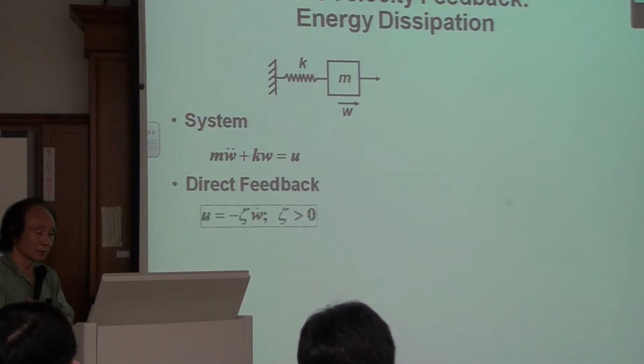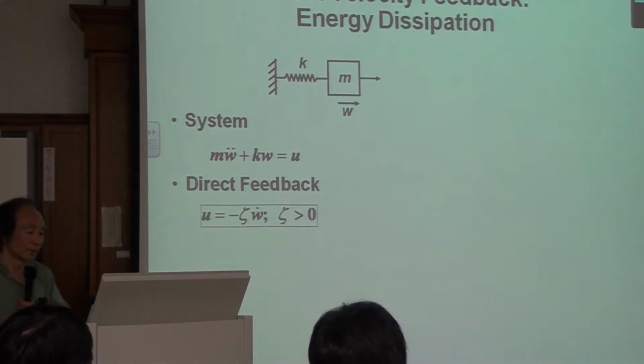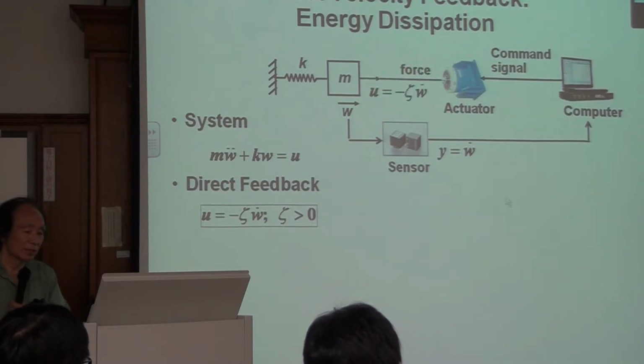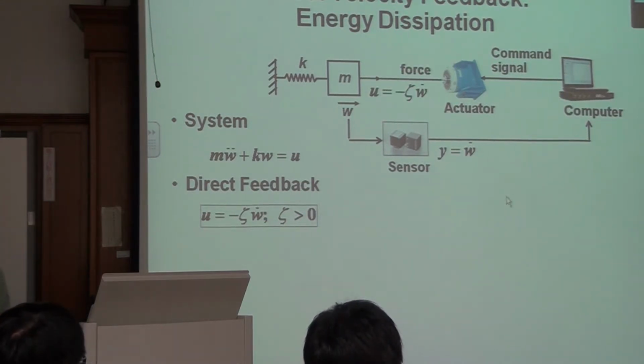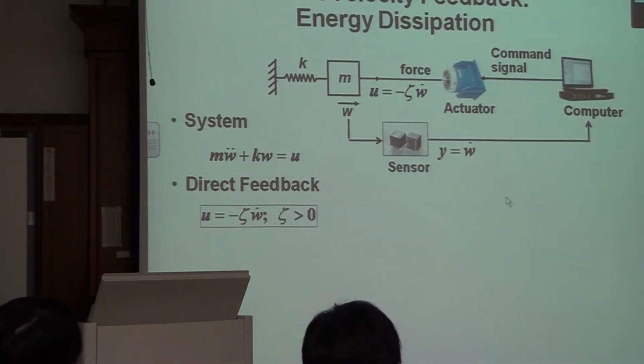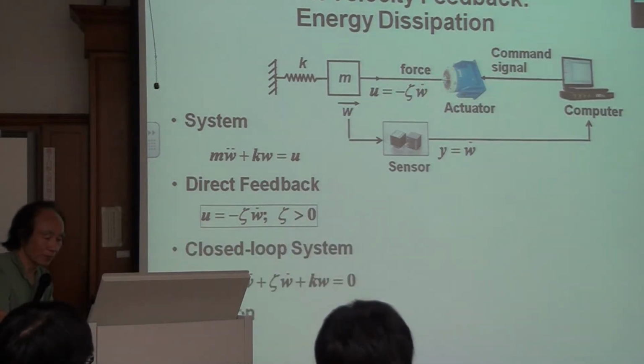All right. If I have the velocity feedback, I have the sensor, the measure y equal to w dot, and I say, okay, now my feedback u is equal to minus zeta w dot. What do I get? My closed-loop system becomes this.